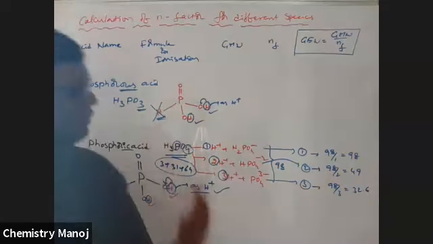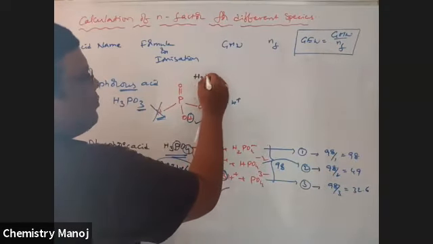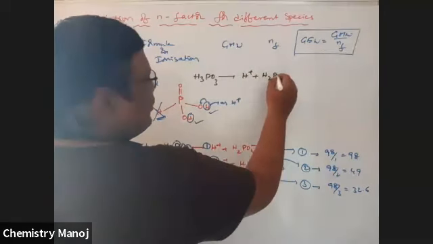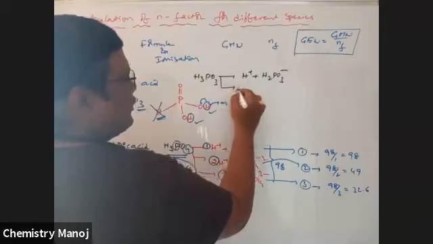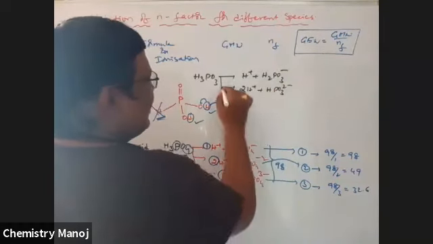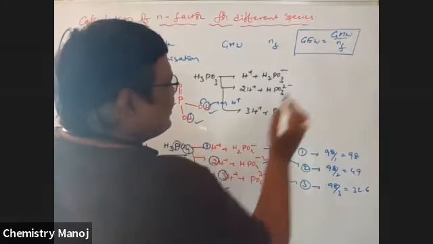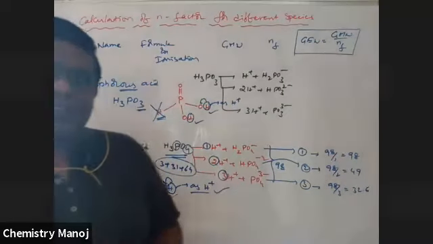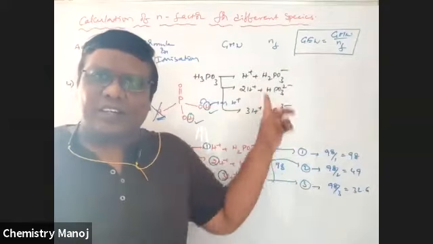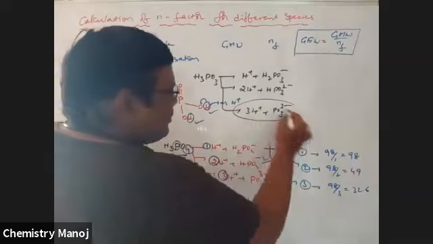Does H3PO3 split as H plus and H2PO3 minus, 2H plus and HPO3 2 minus, and 3H plus and PO3 3 minus? Am I correct, dear boys? These are all correct or not? No. This concept is not possible.